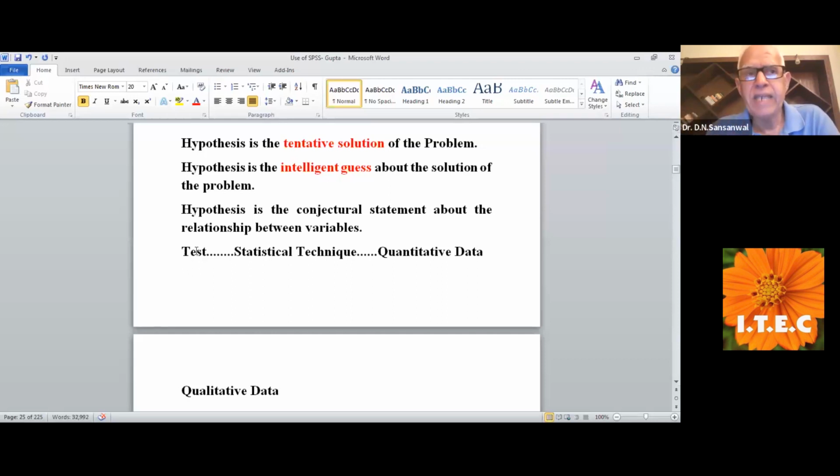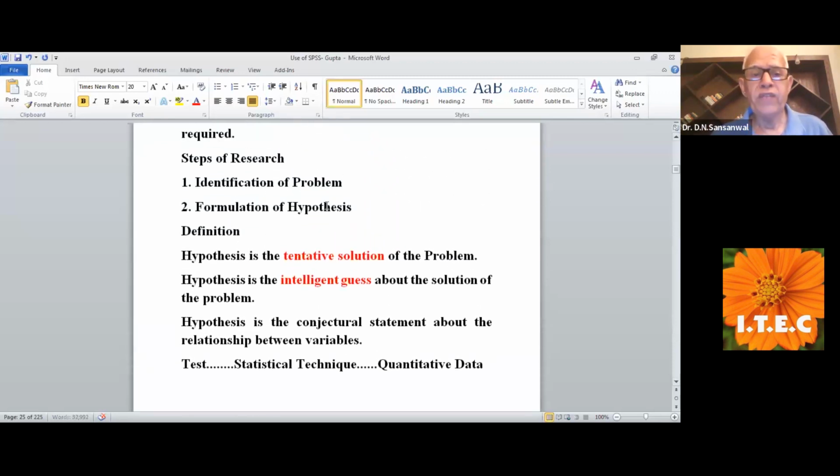It cannot be the step in philosophical research, in historical research, in descriptive survey research, and in case study research. It can be the step only and only in correlational survey and experimental research. Otherwise, you cannot have it. Now, so I have given you the definition of the hypothesis.